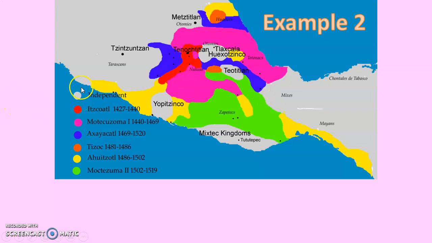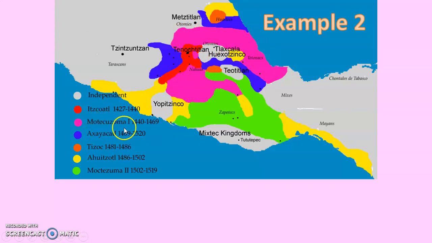The white or gray land is independent, so it is not part of the Aztec Empire. The red, right there in the middle next to Tenochtitlan, was gained under the 1st emperor. Then the purple, the light purple or the pink, was gained under the 2nd large emperor.